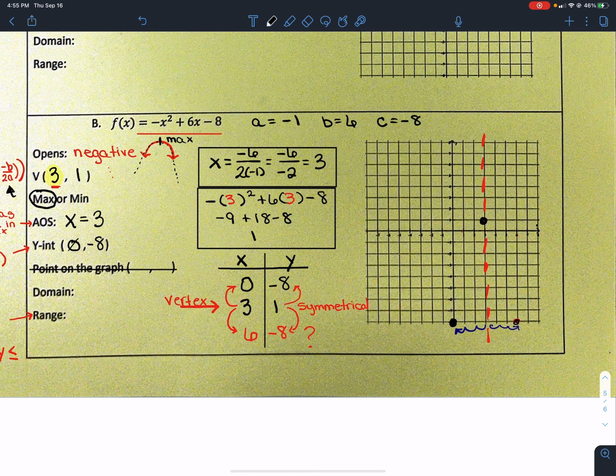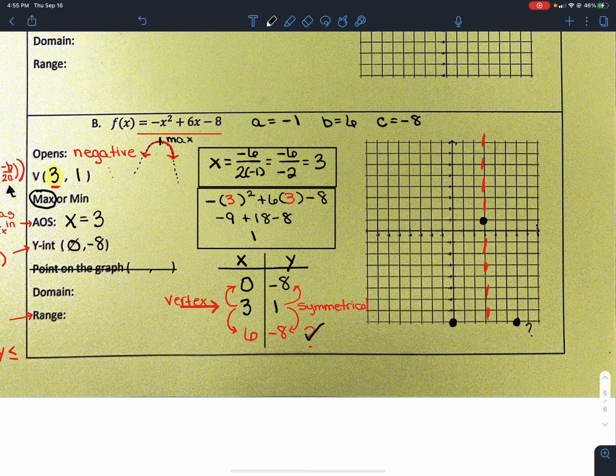Now, I want to check to see if that point actually matches. Does that one match with what I said? So is it at 6, negative 8?